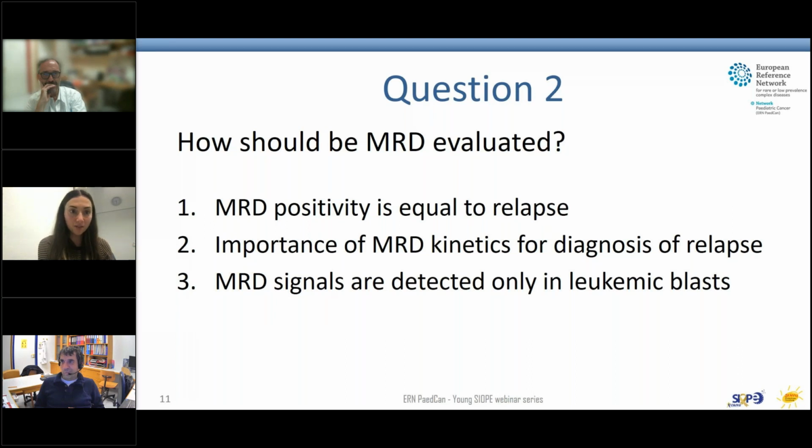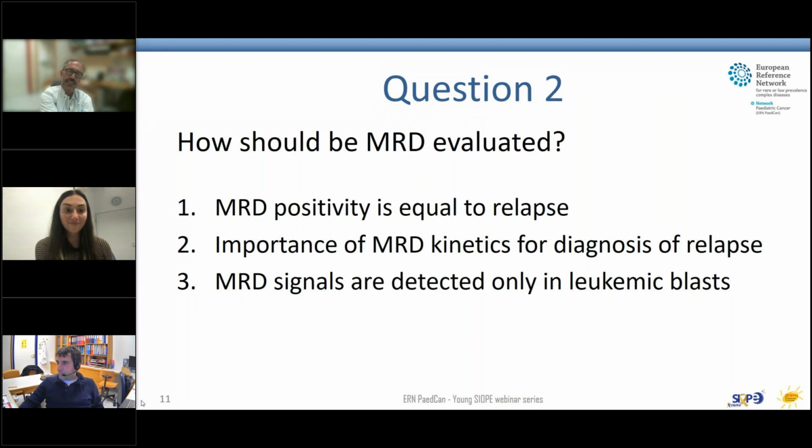Do we have an increase? Do we have a reduction? Do we have an expression in other cells too? This is a very crucial point you are making, Evangelia, because we have seen several occasions where there is a very low grade positivity which does not develop to full-blown leukemia.